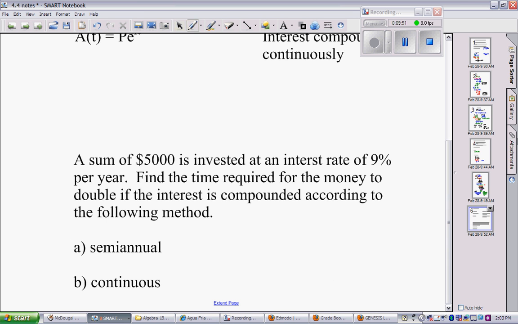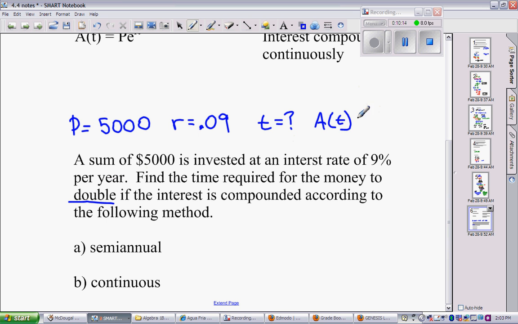So, the principal is $5,000. r is 9%, so we change it to 0.09. t is unknown, but we know A of t, we want it to double. So 5,000 doubled is 10,000.